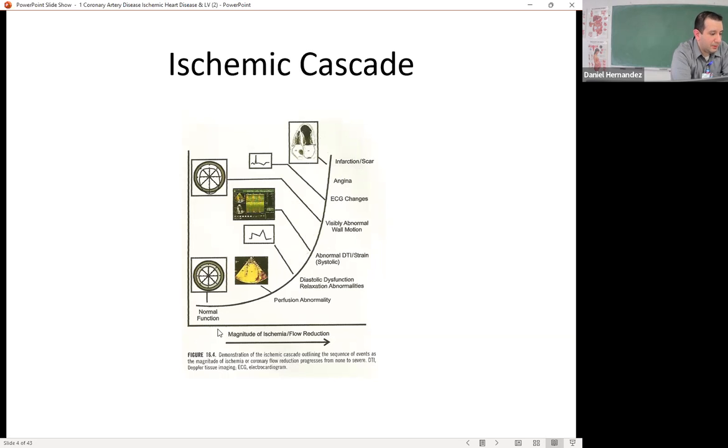So think of this as your degree of flow reduction versus patient symptoms and changes that we see. We'll pick up changes on the patient's EKG before they're having any physical symptoms of chest pain. Before those EKG changes, we're able to visualize some wall motion abnormalities. And long before those, we're able to detect diastolic changes.